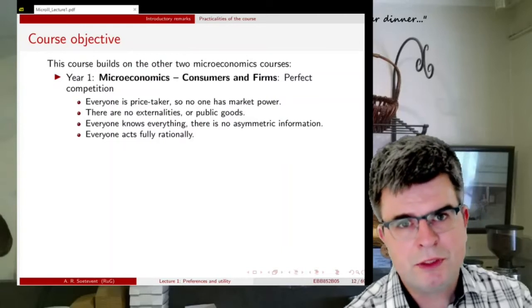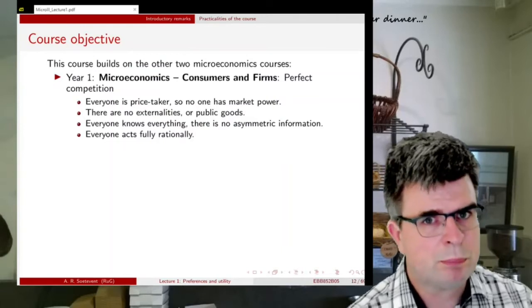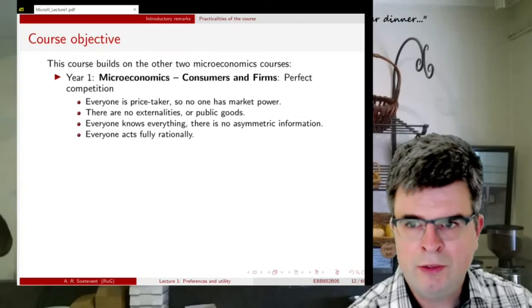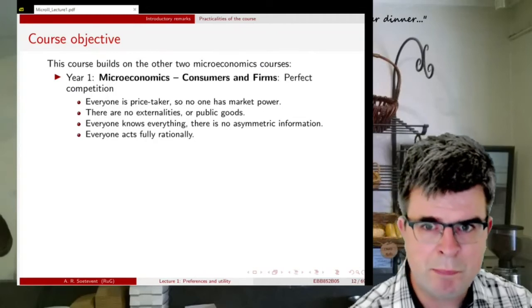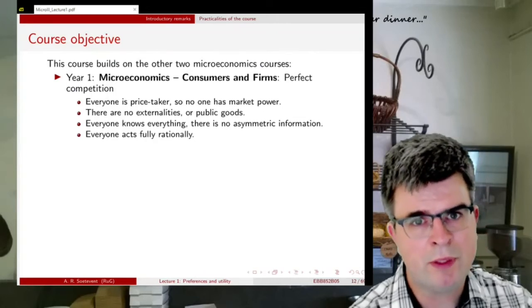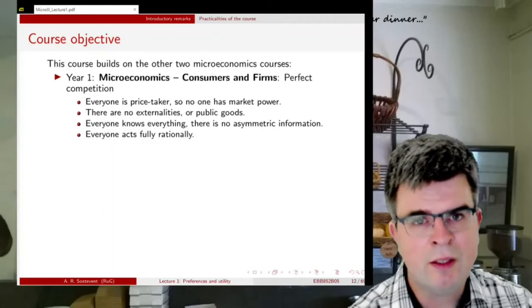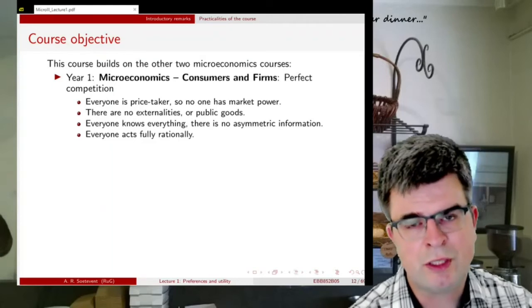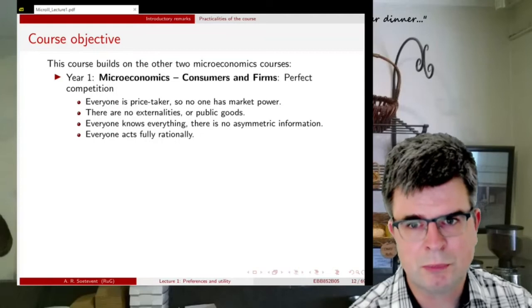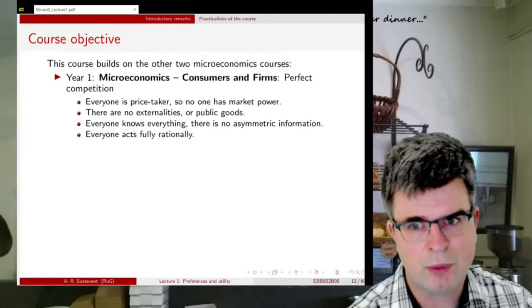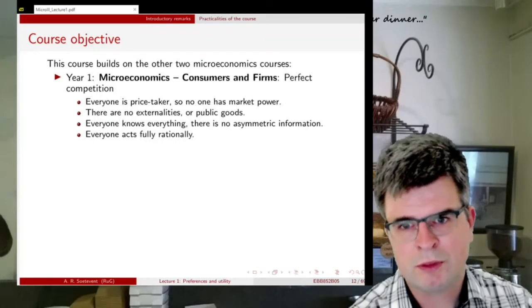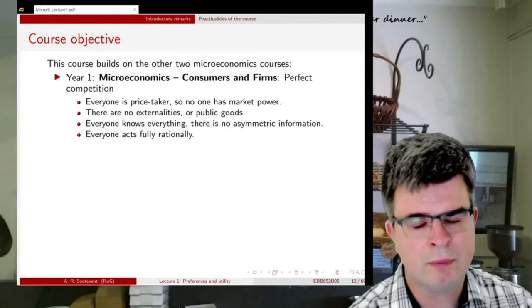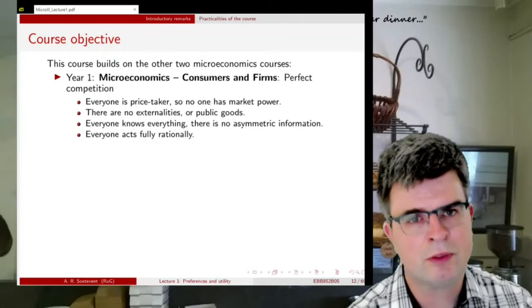Okay, what is the position of this course within the broader spectrum of your education? This course simply builds on 2 other microeconomic courses that you already attended. The first is the first year course, Microeconomics, Consumers and Firms, where you studied perfect competition. Everyone is a price taker, no one had market power, no externalities or public goods.